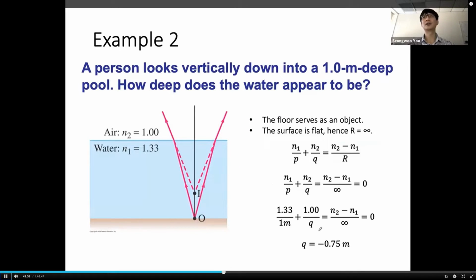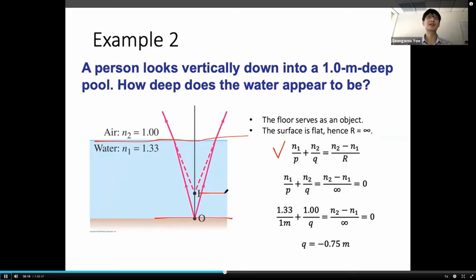Now I have one example for applying this equation. Let's assume that we have a flat surface like a swimming pool. From our daily life, we know that the floor of the swimming pool always appears shallower.